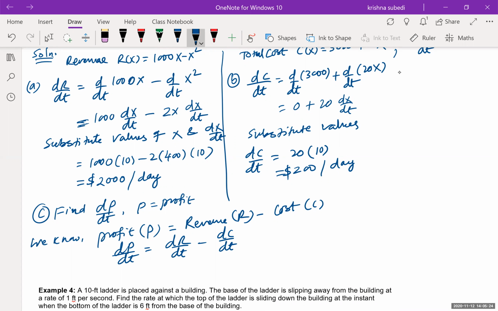Now substitute the values, because we already know what dr over dt is. So we'll get 2000 minus 200 equals 1800 per day. So the profit is increasing at the rate of $1,800 per day.